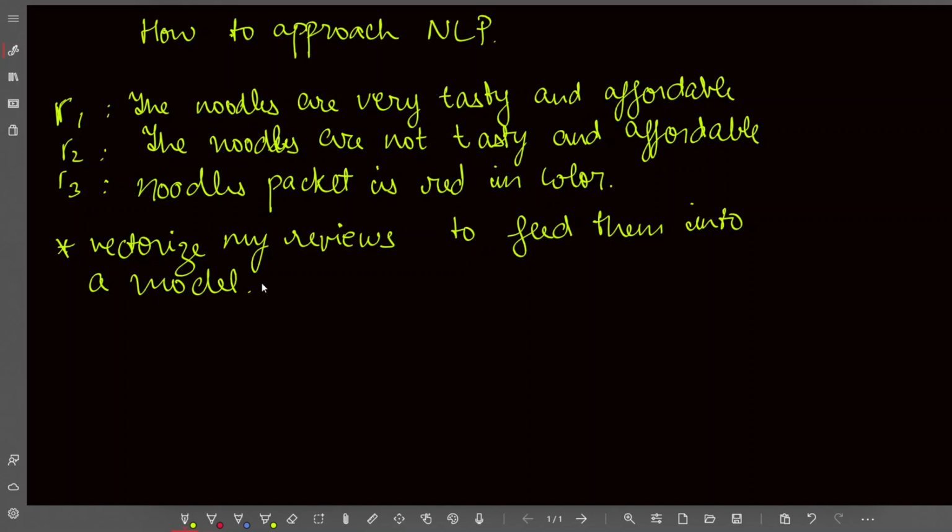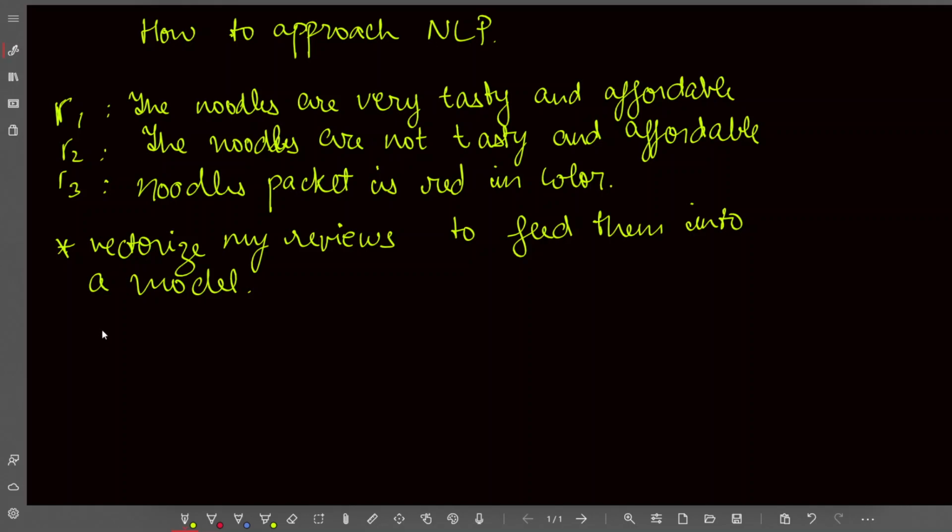A vector for each of these reviews will ensure that it's a sequence of numbers in a d-dimensional space that explains the behavior or the characteristic of a particular review, right? So I need to find a way to vectorize my review, right?